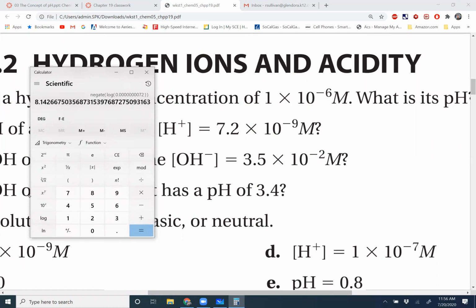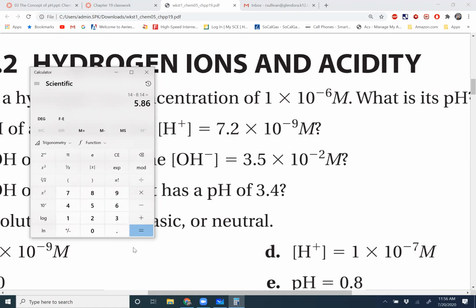And again, if the pH is 8.14, then we would just subtract it from 14. So 14 minus 8.14. While the pH is 8.14, the pOH is 5.86.